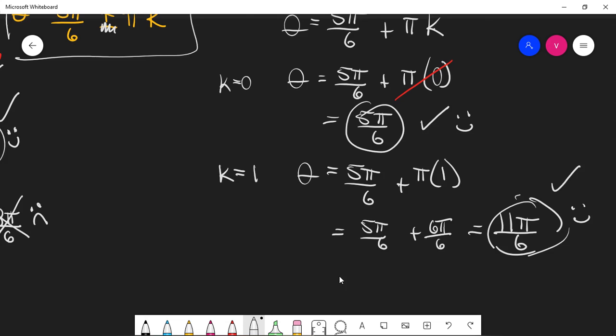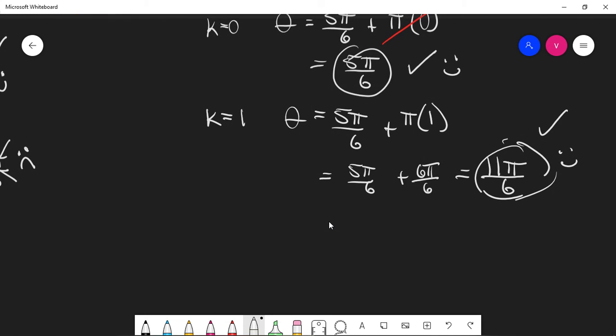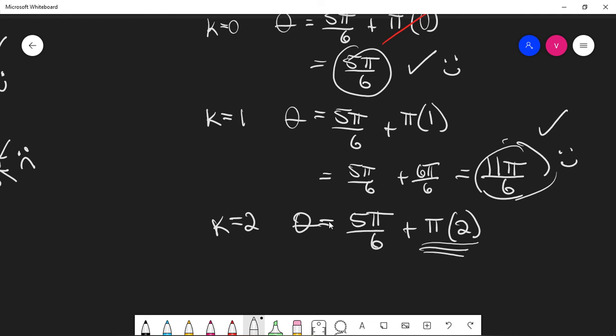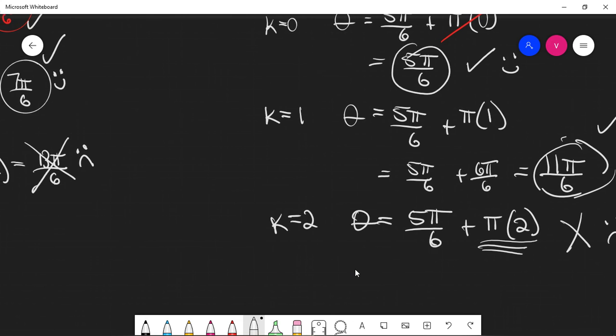All right, so you can probably see with the next one, we just keep stepping it up with those counters. 5 pi over 6 plus pi times k equals 2 now. So 2 pi plus 5 pi over 6, we're already over our border, right? We're already over the 0 to 2 pi with this, so this is not going to work, just like on the last one.